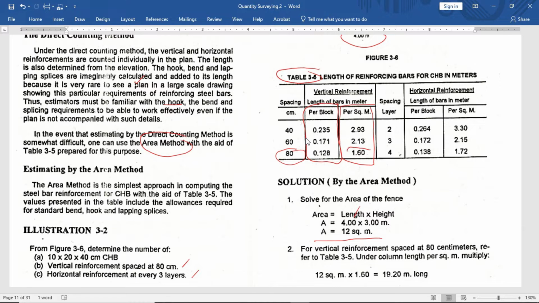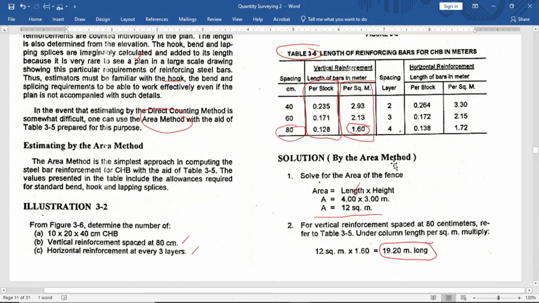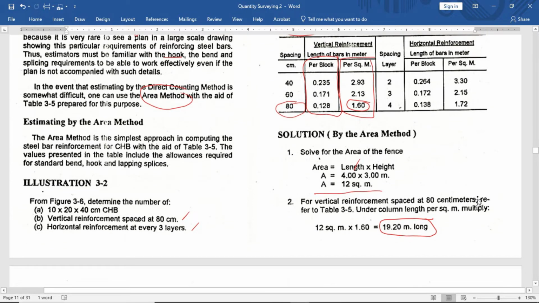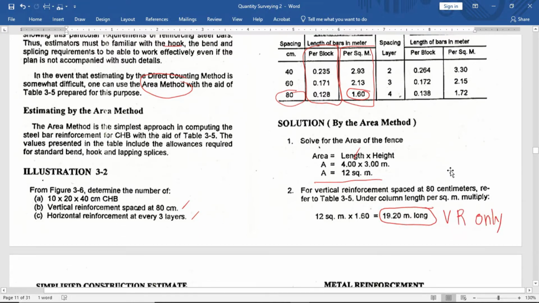So, 1.6. So, 12 square meters times 1.6 ay 19.2 meters long ang steel bars natin. Yan yung length ng steel bars natin, 19.2 meters long, for vertical reinforcement only.